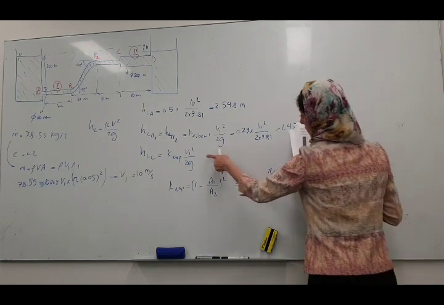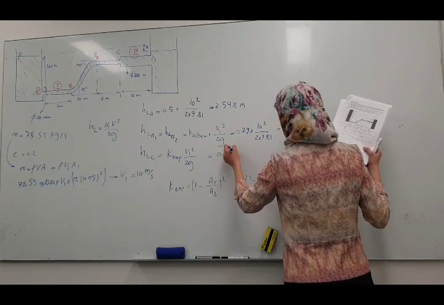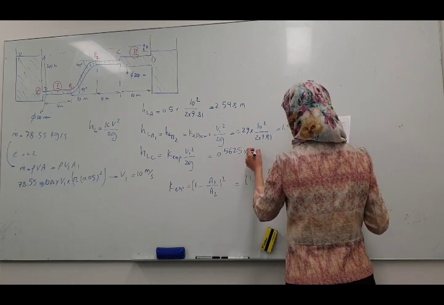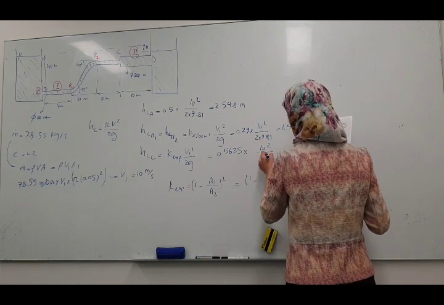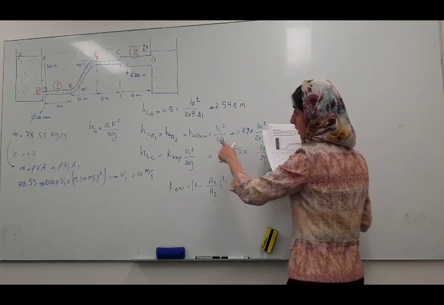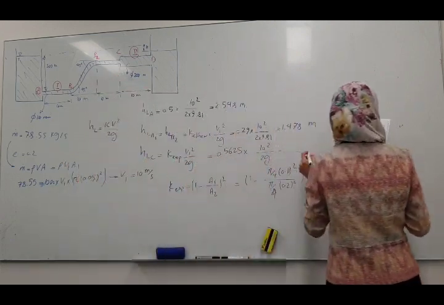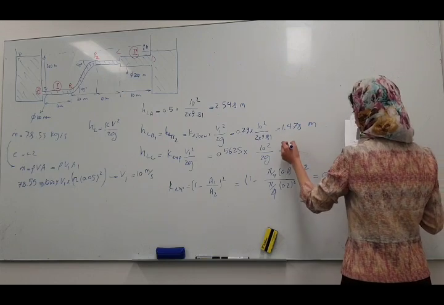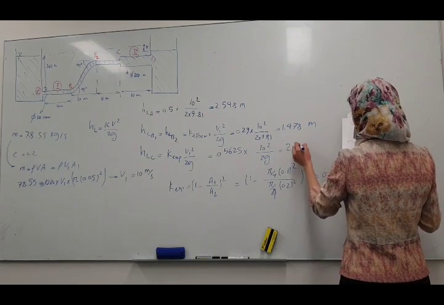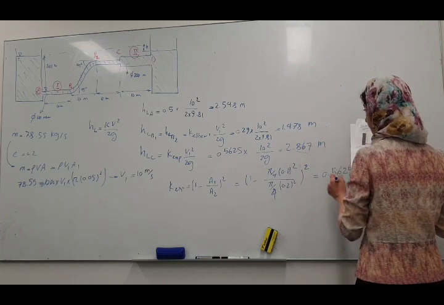If we replace it here, we will have the head loss for this junction. Again, we are still using V1 because that is the velocity that matters here. It will be about 2.867 meters.